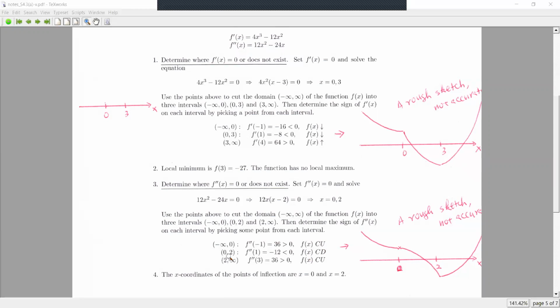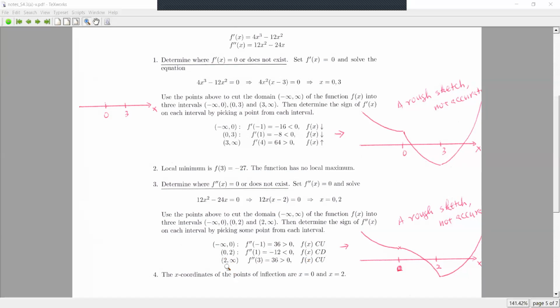Now, second interval. Arbitrarily pick a point, say 1, and plug in 1 for x here. Then I get the value of the second derivative at 1 is -12, negative. So on this interval, the second derivative is negative. Therefore, the graph of the original function is concave down.